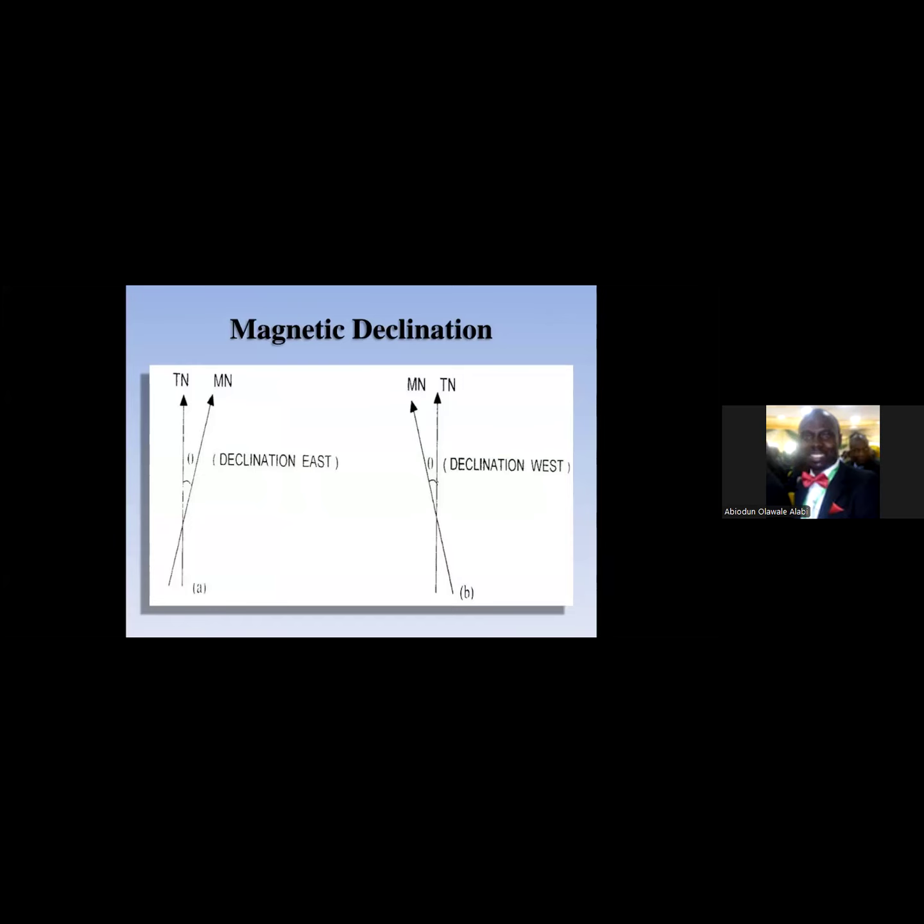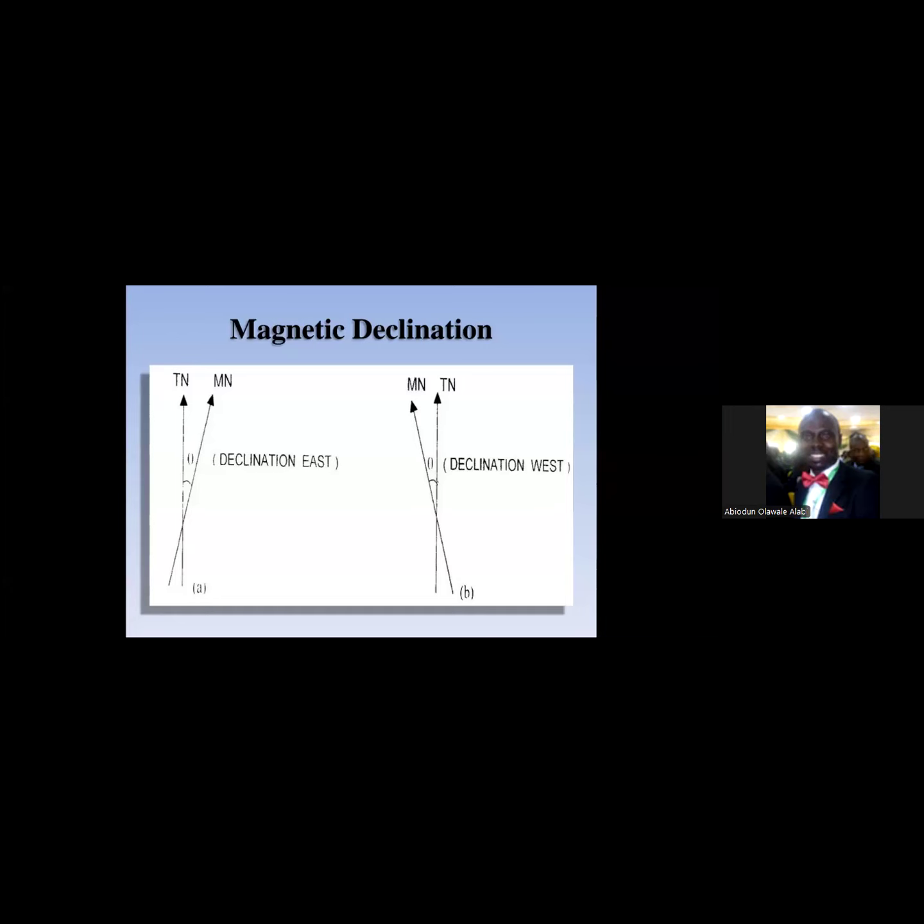The major thing here is where the magnetic needle is pointing. And don't forget, the magnetic needle should point towards the magnetic north. So as it is pointing towards the magnetic north, if it falls in the east side of the true north, then we say that declination is declination east. If it falls in the west of the true north, then we say that declination is declination west.